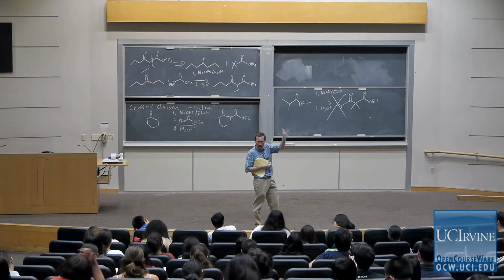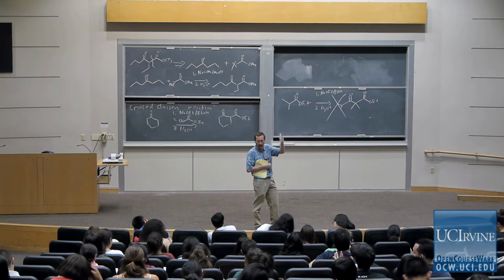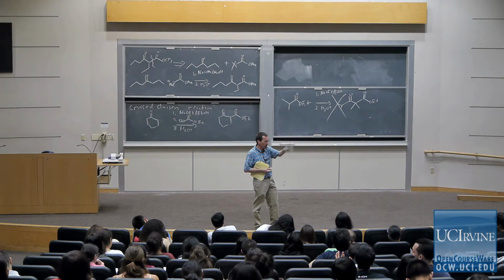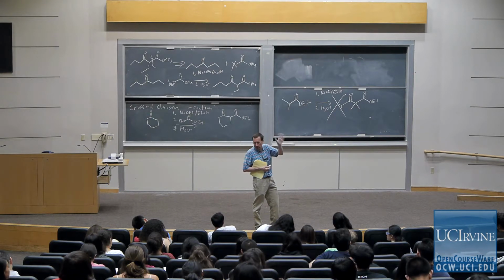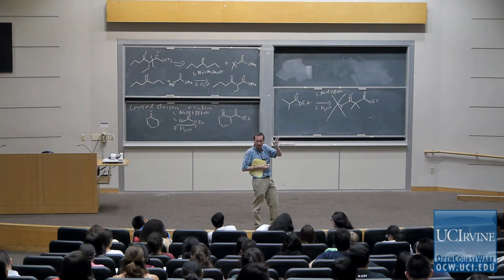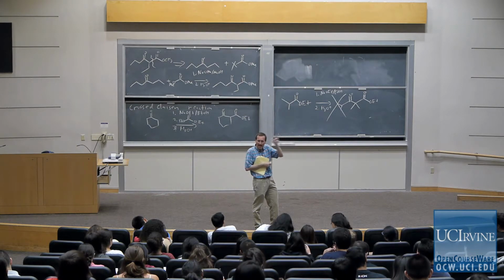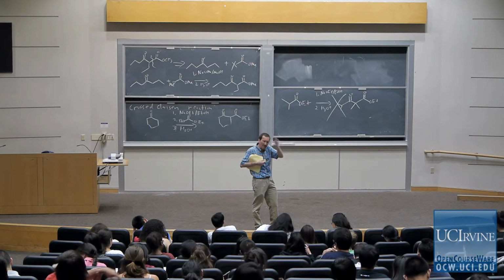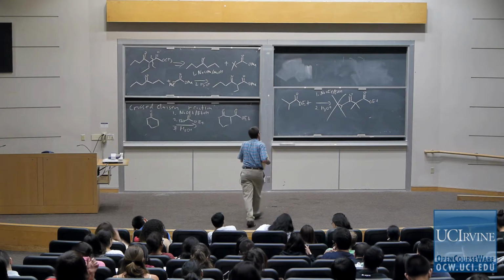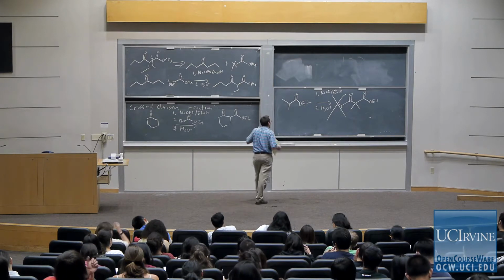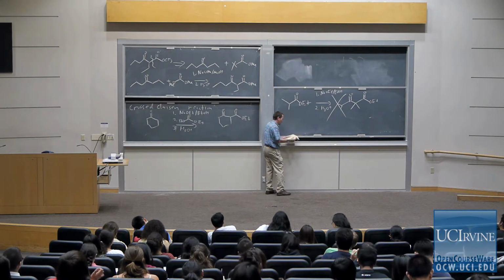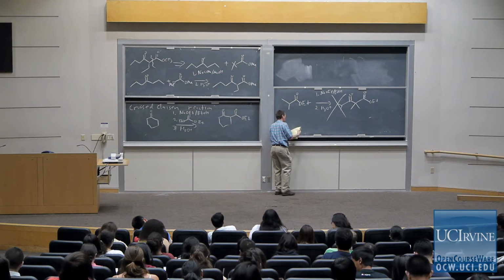A carbon-carbon bond is on the order of 80 or 90 kilocalories per mole. A carbon-hydrogen bond, similar sort of strength, 100 kilocalories per mole, thereabouts. Point is, we're at an energy difference that's about a tenth of forming bonds. And without that energy, we just can't drive this equilibrating chemistry.